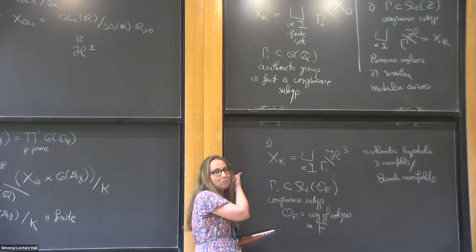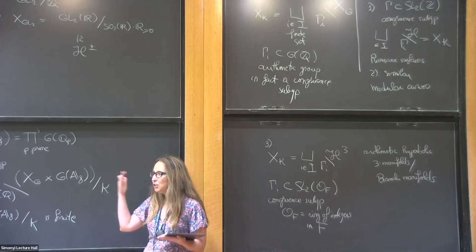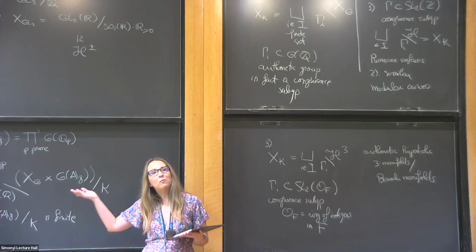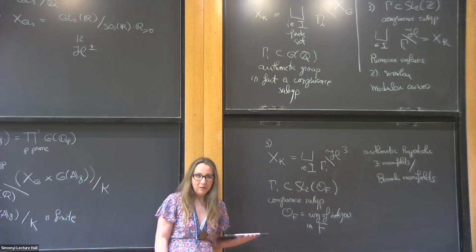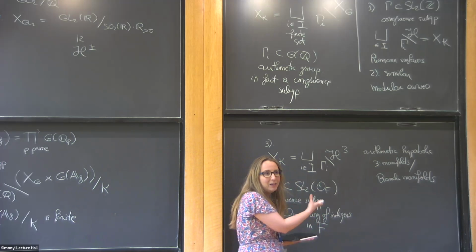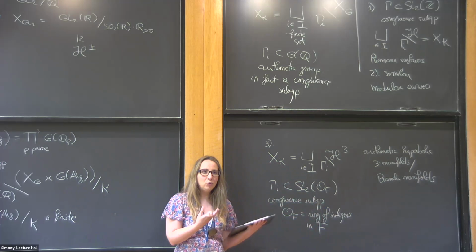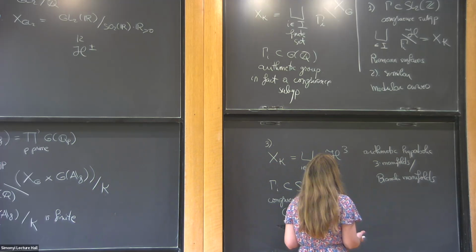So that's one reason why it took a long time to go from modularity over Q to modularity over Q adjoin i. It's not the only reason, but it's the one that I think is easiest to appreciate if you haven't thought about these things before.